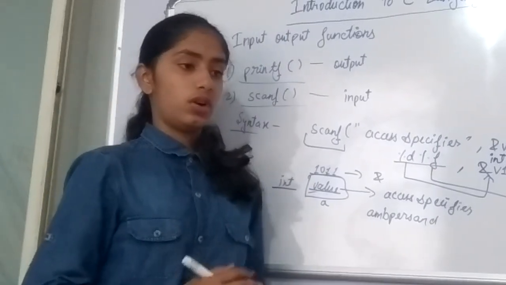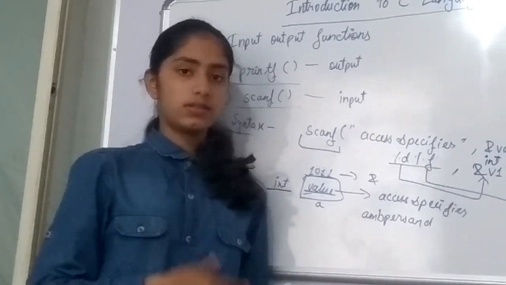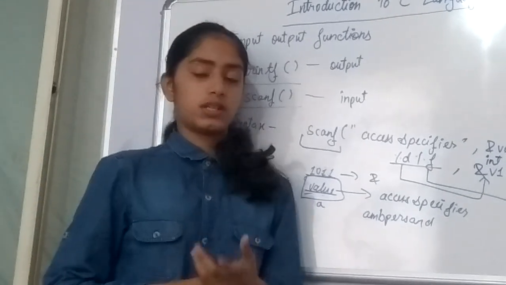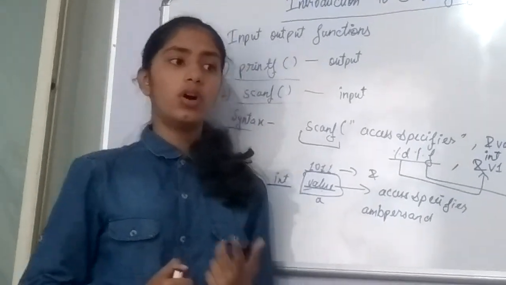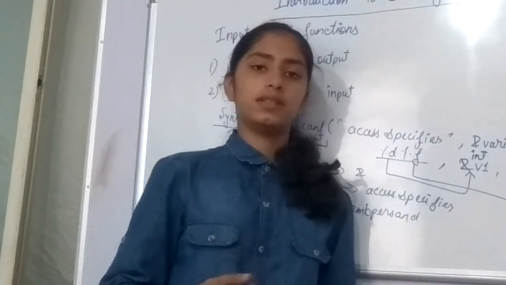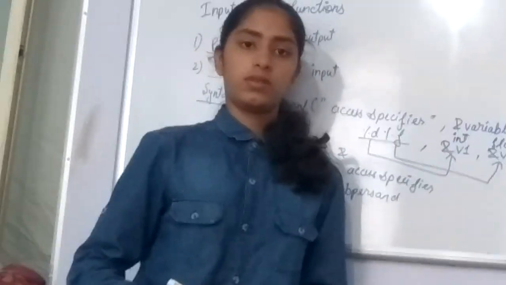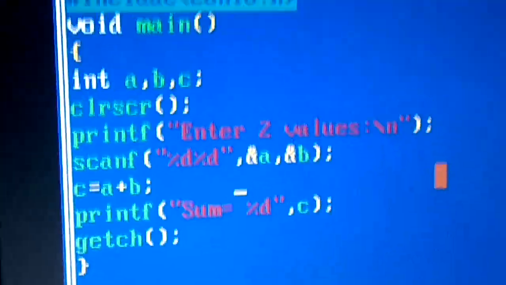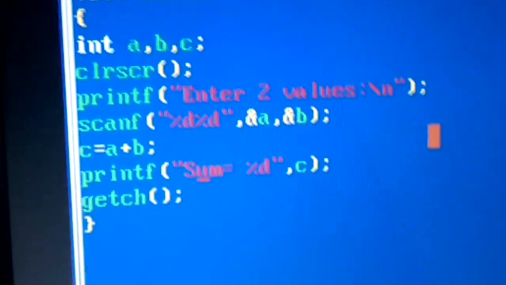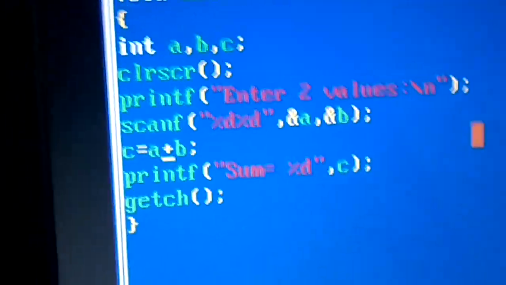So, as we saw that the code adds two values, you can similarly execute a code for subtraction, multiplication, division, or another new concept, that is remainder, which we shall discuss in the next video. For subtraction or any other, just repeat all this code and just change the symbol and the operations here.